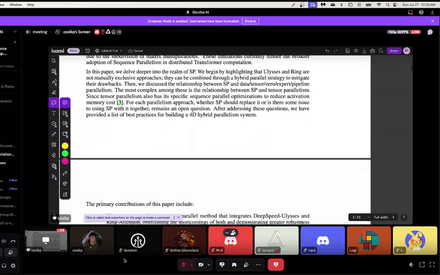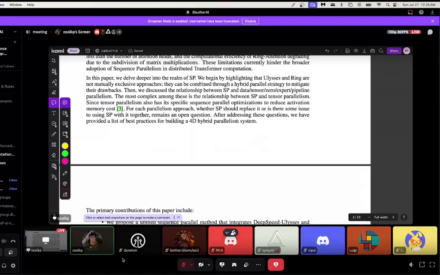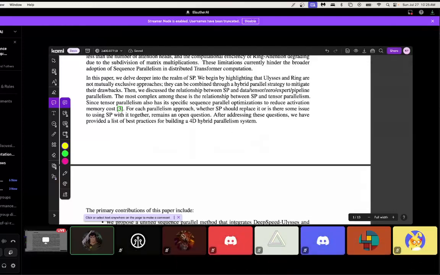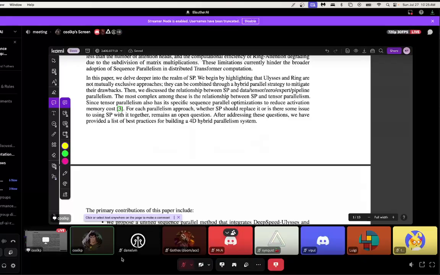So in this paper, we delve deeper into the realm of SP. We begin by highlighting that Ulysses and Ring are not mutually exclusive approaches. They can be combined through a hybrid parallel strategy to mitigate their drawbacks. And we discuss the relationship between SP and other parallelism forms: data, tensor, ZeRO, expert, and pipeline parallelism.